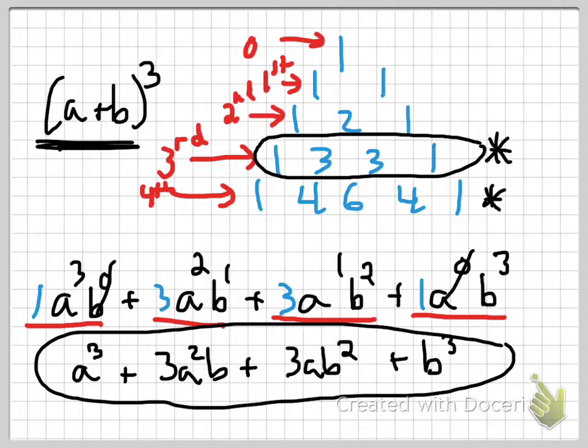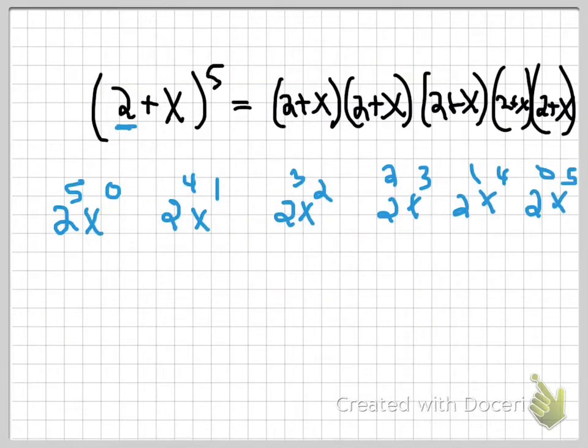So if I was to go one more row down, it would be 1, 5, 10, 10, 5, and 1. Those are the coefficients we're going to be using. Let's put them on here: 1, 5, 10, 10, 5, and 1.